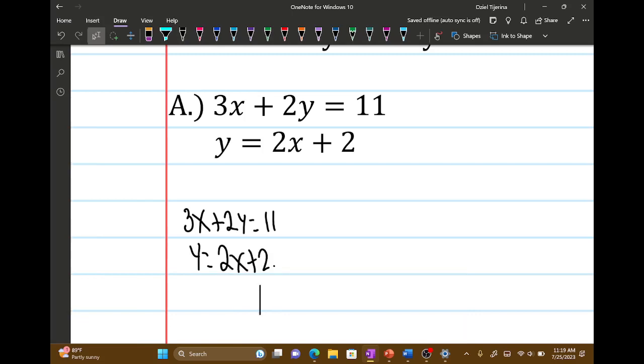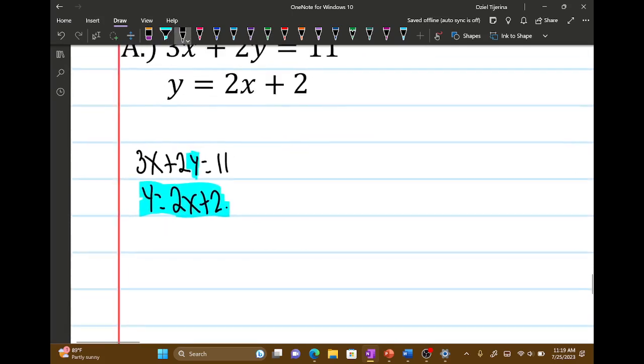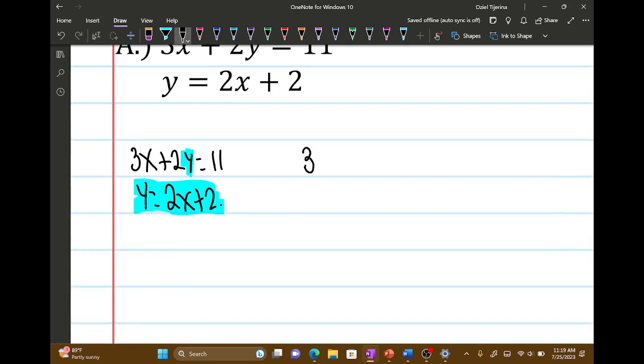As you can see, we already have our equation for y, and we're going to substitute that in for y. So we have 3x plus 2 times the quantity 2x plus 2 is equal to 11.